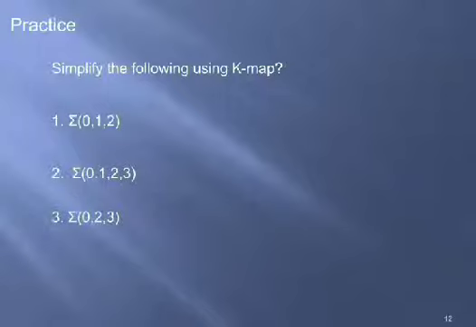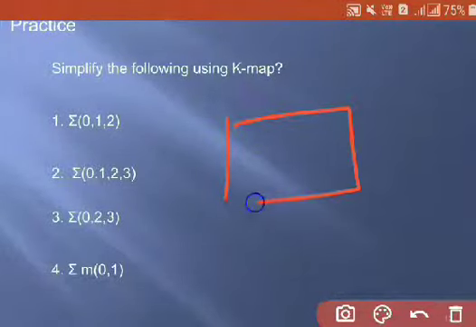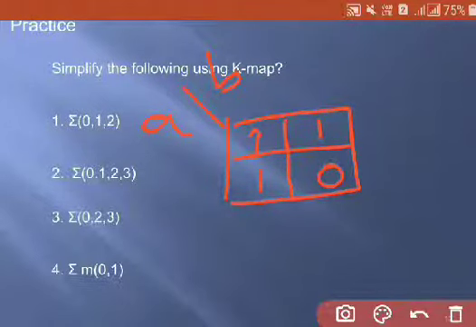For example, consider the first example, summation 0 1 2. For this I am drawing the K-map, which will consist of 4 cells. Let us say this is A, this is B. m0 is 1, m1 is 1, m2 is 1, and m3 is 0, because in the expression you have only 3 terms, summation of m0, m1, and m2.